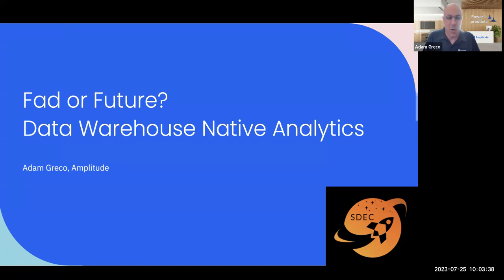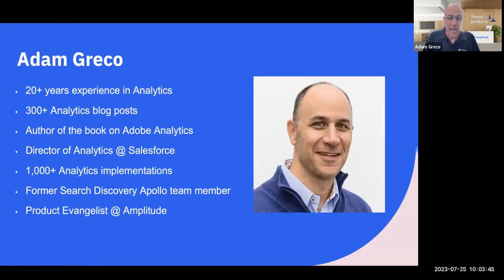So I'll do just a quick bio of who I am, and then maybe after that, we'll see the results of the poll to see how much you all know going in, so I know how fast or slow to go. My name, again, is Adam Greco, and I'm a product evangelist at Amplitude. Many of you may have known me from my old career where I was one of the early employees at Omniture. I did a bunch around Adobe Analytics.